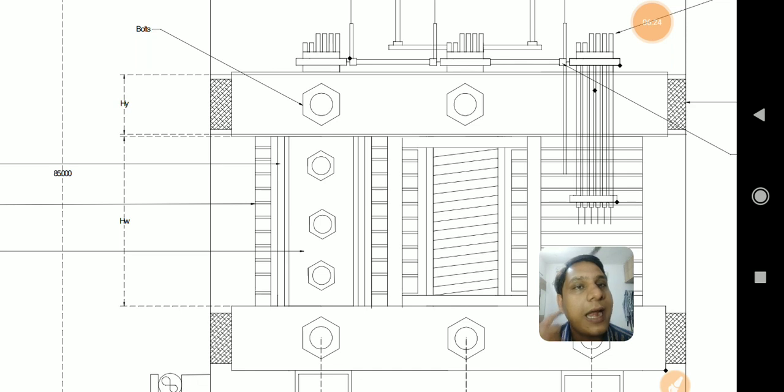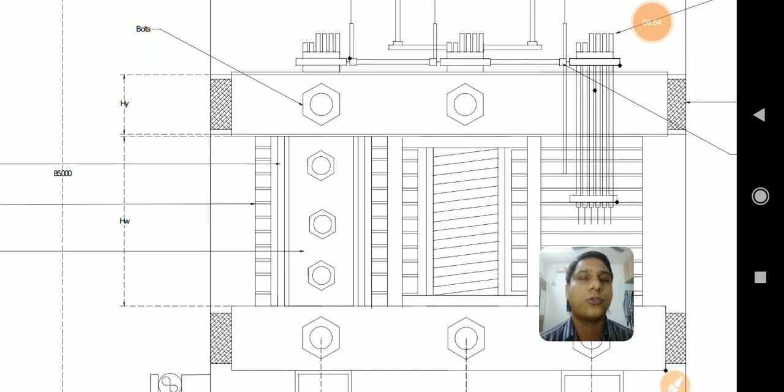And on the other hand, the number of turns of the high voltage winding is more. If the number of turns is more and the insulation requirement is more, in case of maintenance also, it is very difficult if the winding is placed near the core. In case of any short circuit or any open circuit occurring in the winding, it will become difficult to remove the winding and to maintain it. So in order to avoid these things, the HV winding is placed away from the core.